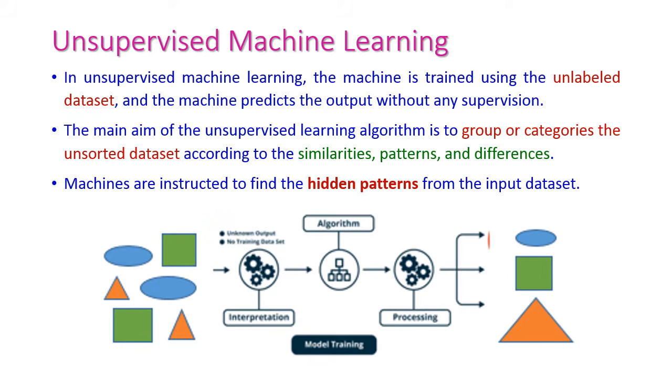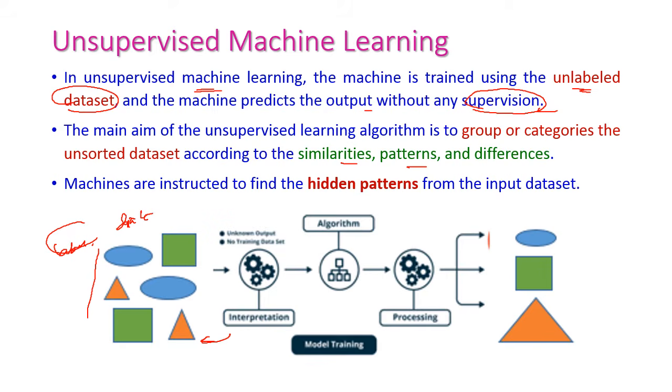Unsupervised machine learning. In unsupervised machine learning, the machine is trained using an unlabeled dataset. The dataset does not have any labels, right? And the machine predicts the output without any supervision. Without any supervision, then how will it predict? The system will analyze the similarities, patterns and differences of the given data.